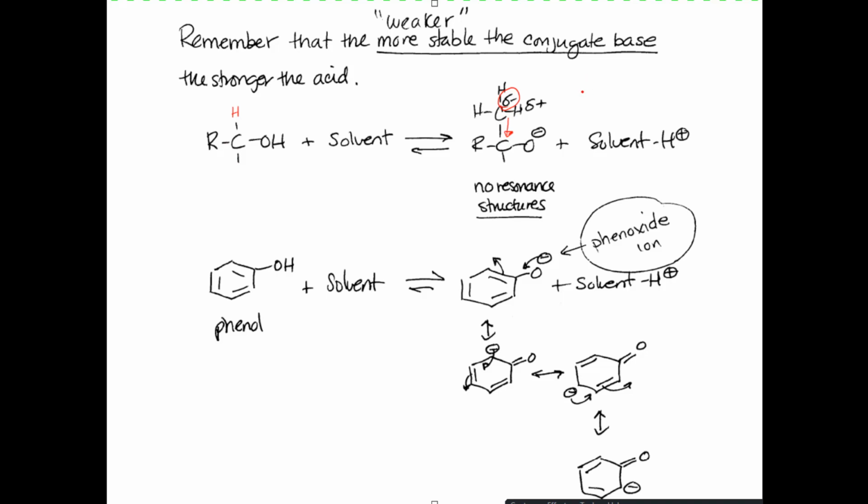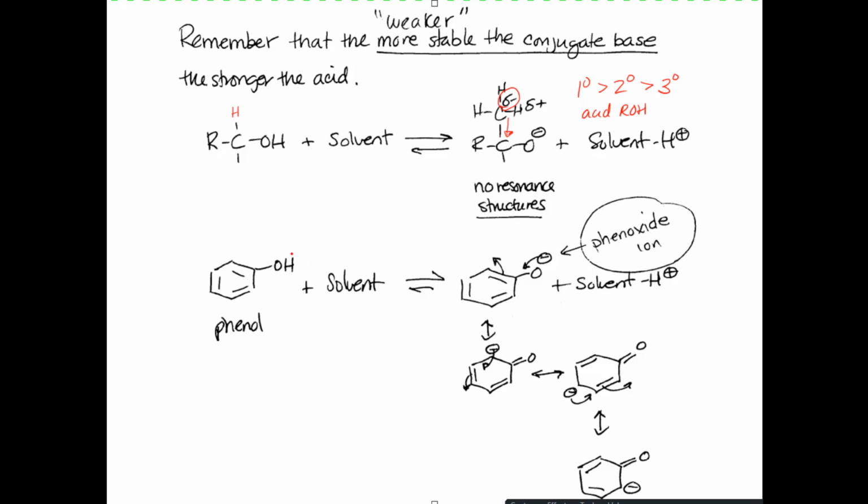What it would mean is that in terms of acidity, a primary would be slightly more acidic than a secondary, which would be slightly more acidic than a tertiary. So tertiary alcohols are not going to be as acidic as primary alcohols, or even methanol itself, with 3 hydrogens. That is a really small difference, but it is a trend. And it does make sense because every time I add an alkyl group to this carbon, I'm destabilizing it by pushing in electron density.